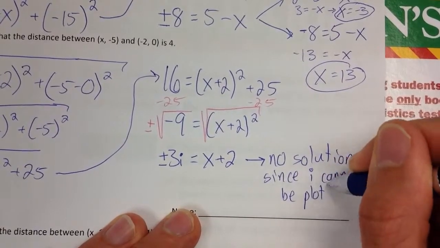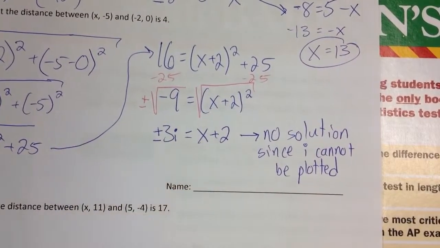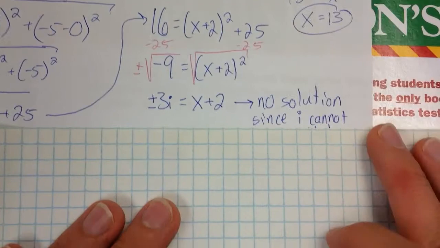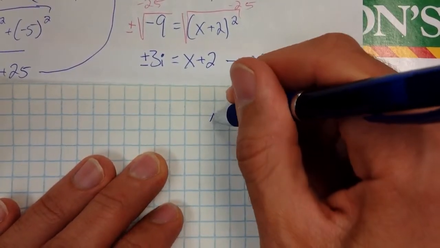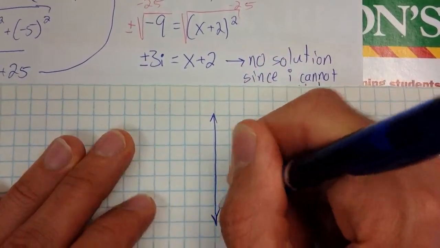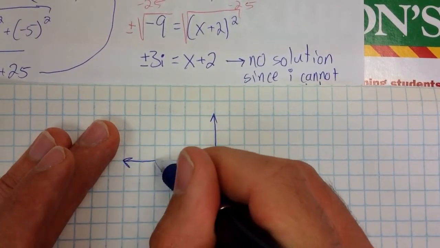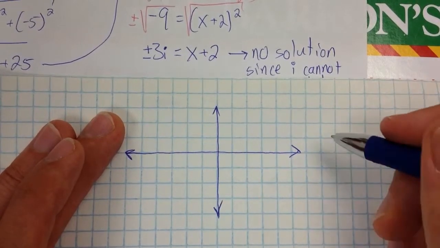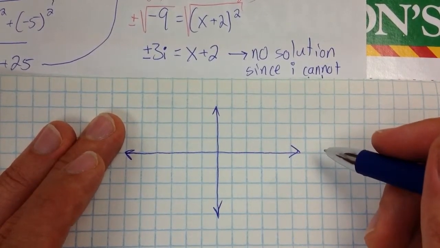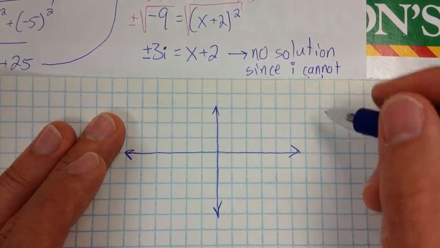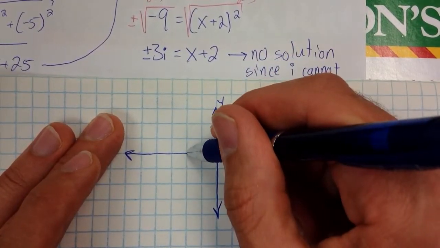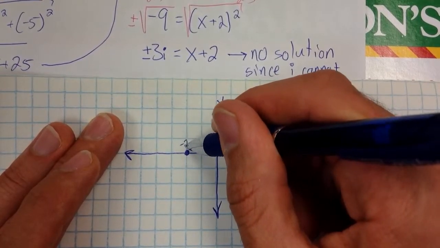And I encourage you to think about multiple ways of thinking about a problem. For example, if you were to do this graphically, you've got negative 2 comma 0, which is on which axis? It's on the x-axis.